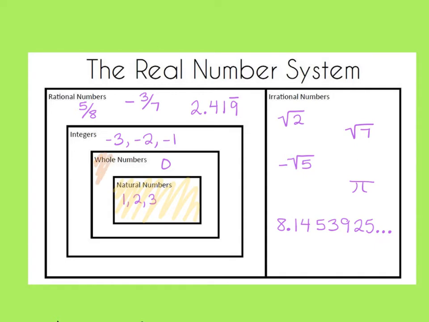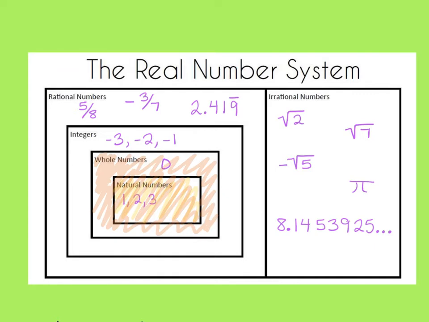That's part of the whole number system. It includes 0, and it includes all the natural numbers. So you might say that there were 0 apples in a bag, or you might have been counting 1, 2, 3, 4, 5 apples. Those are all part of the whole number system.